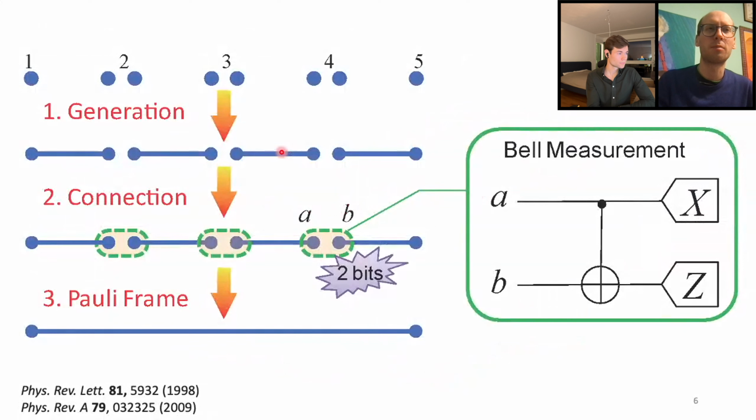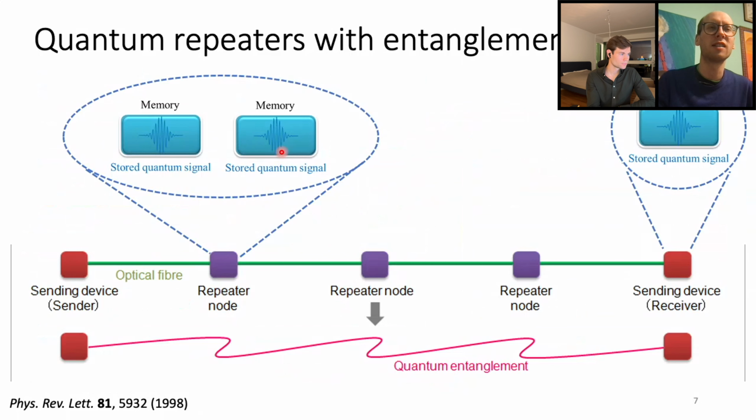So the crucial part are these memories. Maybe I already succeeded in generating entanglement on the left, and then there is some qubit stored in this memory, and then I'm still attempting on the other side. This independence enables me to achieve that.